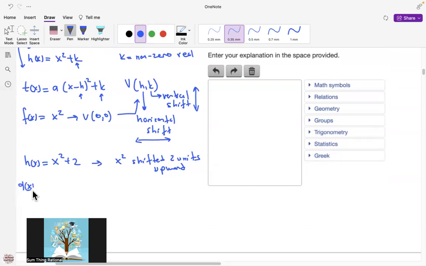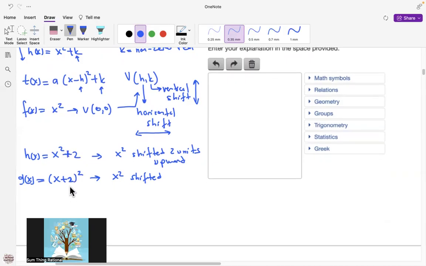G of x is another function. When I add this 2, you remember from classroom lessons also, this is a horizontal shift, meaning the x squared function is shifted. What do you think? Since it is plus, we should not mix it up. When it is plus in the vertical shift, it is going up, but when it is plus in the horizontal shift, it is not going right. We need to consider what makes this term equal to 0.